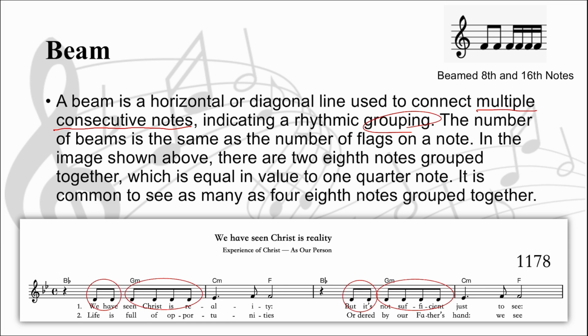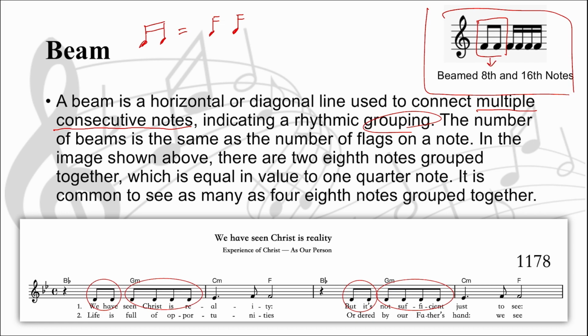The number of beams is the same as the number of flags on a note. What does this mean? It means that this 2 equals this 2. In the image here, there are 2 eighth notes grouped together, which is equal in value to a quarter note.